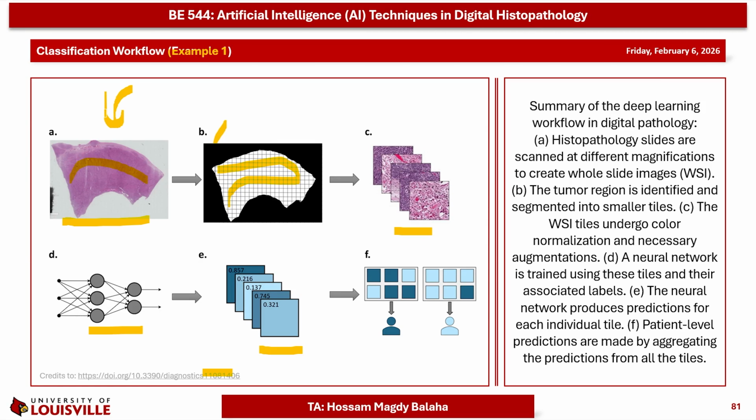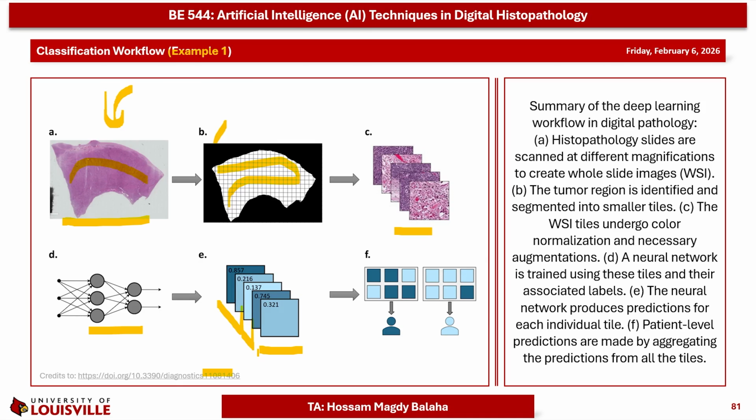So, if this whole slide image reflects a specific patient and is divided into a set of tiles, let's say 1K tiles, extracted from this patient's whole slide image and used in the classification, then we will get 1K predictions. So to determine if this patient has a tumor or not, or what's the grade of the tumor, depending on our task, we will aggregate all of them.